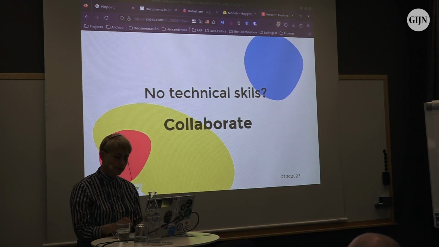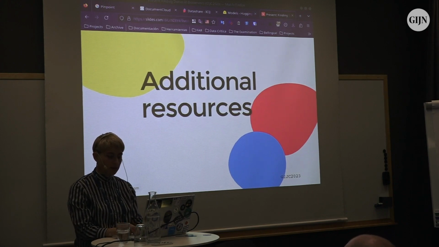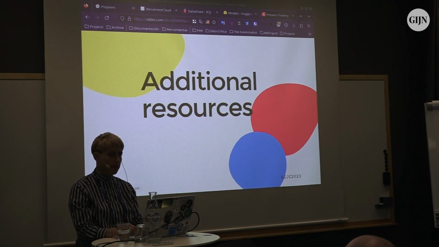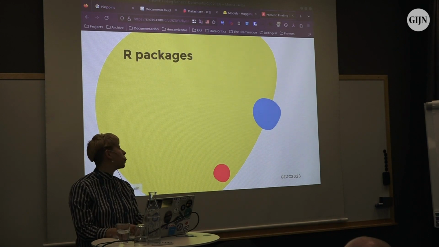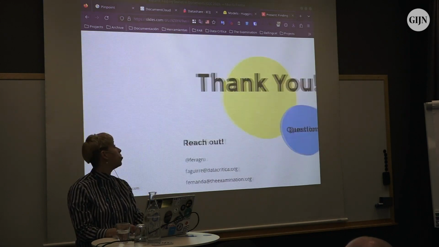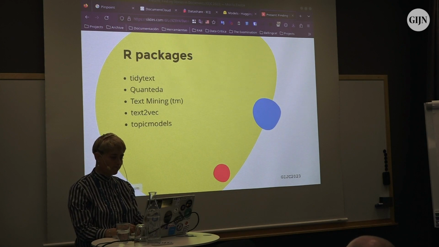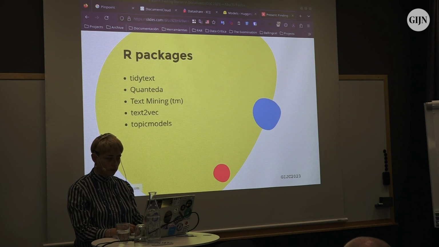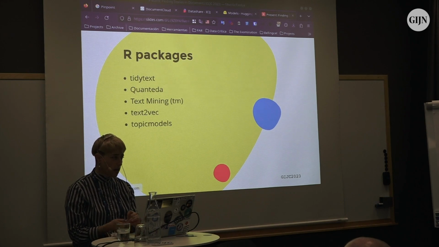Here are some additional resources. I know that all the resources that I gave were in Python, so I just wanted to mention a couple in R. The resources are mainly for topic modeling and text mining.